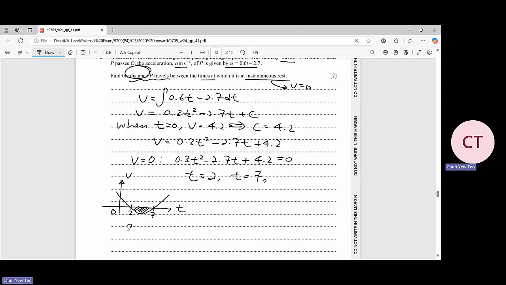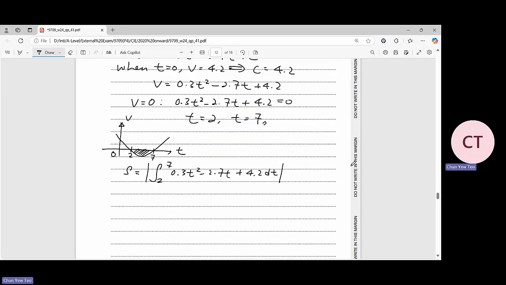Okay, so over here, we just write s equals the modulus of the integral from 2 to 7 of the velocity that we have found over here, 0.3t squared minus 2.7t plus 4.2, dt, with the modulus again. So now we just need to integrate properly: 0.1t cubed minus 1.35t squared plus 4.2t, from 2 to 7, and we put the modulus over here.